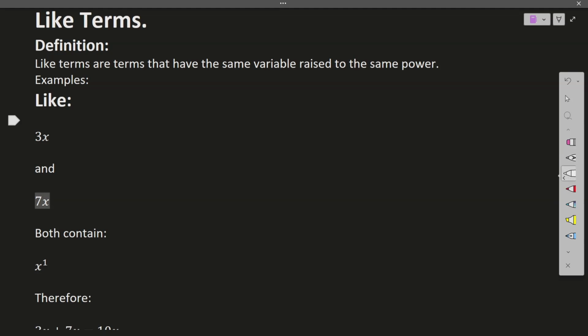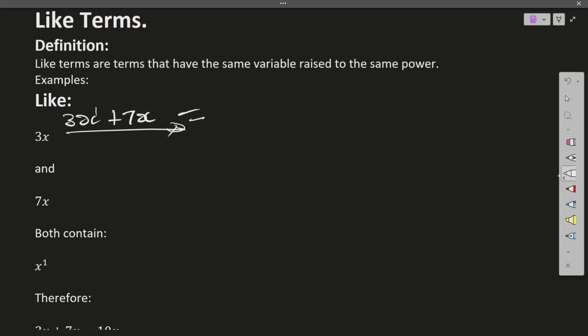So here in this example here, you have 3x and 7x. So let me just write 3x plus 7x. So this is our example. These are called like terms and you add them together. Okay. 3x plus 7x makes who?